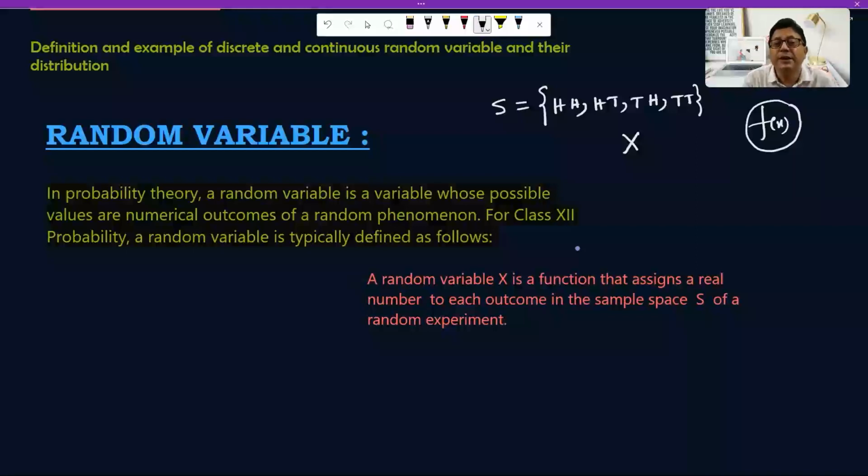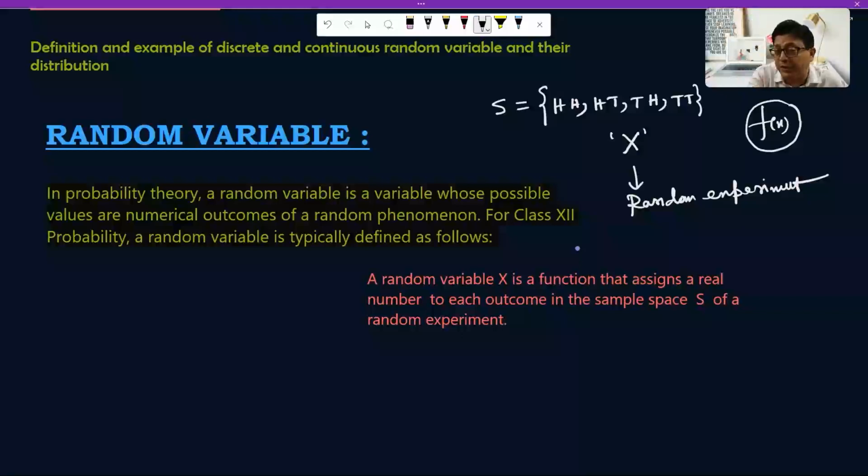So if we consider random variable X, why is it random? Because it is related to a random experiment. And why variable? Because X assumes many values.